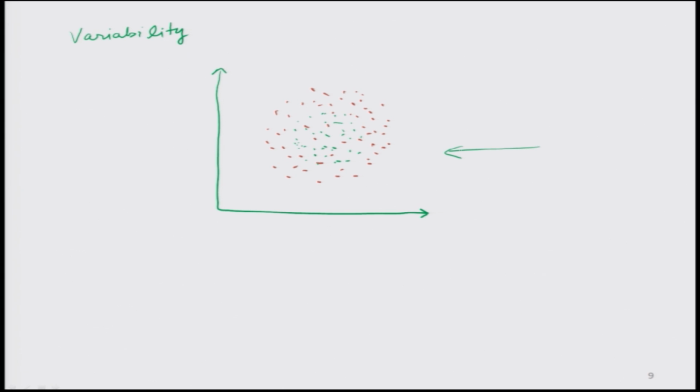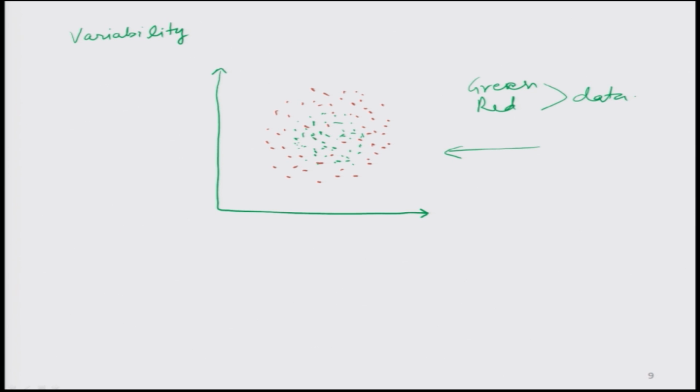This picture has dots of two colors. One is green color dots like this one, and another is red color dots. And these green and red dots are representing some data.